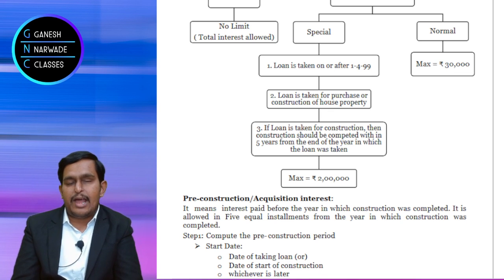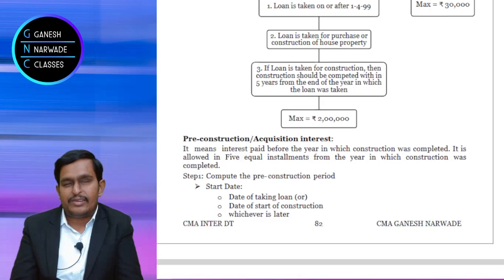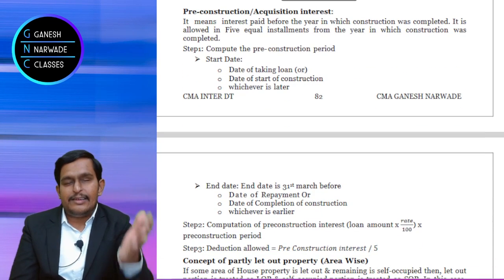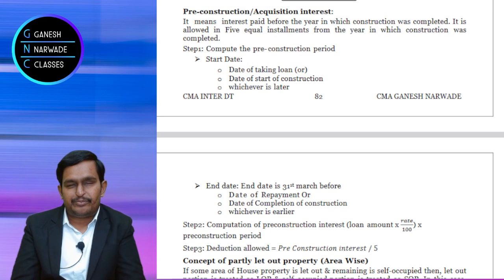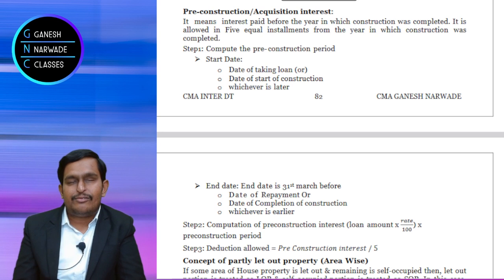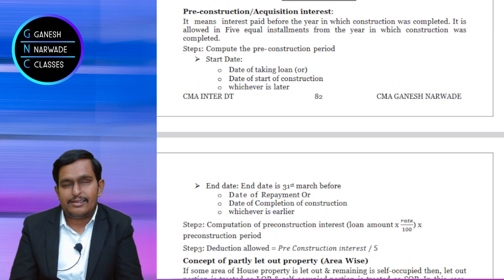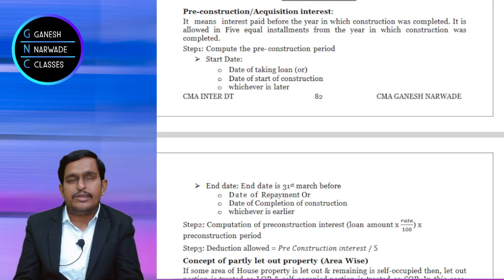But sometimes, if you are constructing the house property, you may have to take the loan before the house is ready. The interest which you pay till the house property is ready, we call pre-construction interest. Because the house is not available, how can you claim deduction? You cannot.